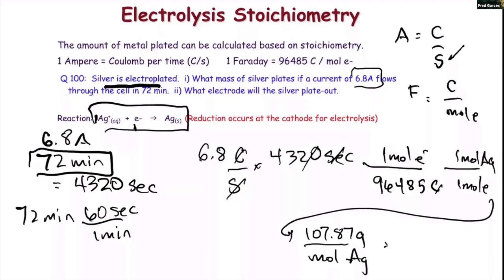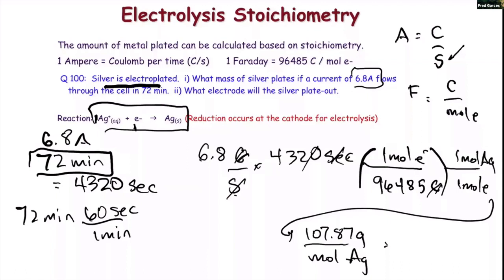So you can see what I did. I didn't use any equation that I memorized. I just let the units work it out for me. I used the fact that an amp is a coulomb per second, so I got rid of seconds by multiplying by the time. Then I used the fact that a Faraday is coulombs per mole, so I divided by that quantity so that my coulombs can cancel out.